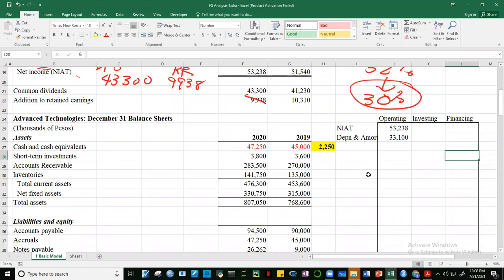Question. Dalawang questions lagi, guys, ha. Unang-una, anong activity yan? Operating ba, investing, o financing? Okay, second question, is it a source of cash or a use of cash?